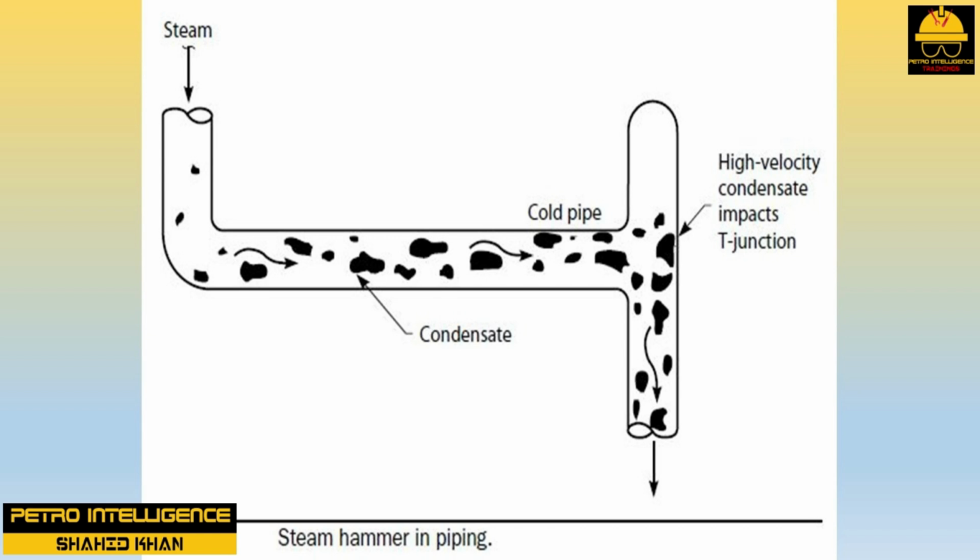The slugs of water rush to these areas of low pressure. Or, more precisely, the pressure differences created by the localized condensation of the steam provide a source of energy to accelerate water in the steam system. When these rapidly moving slugs of water impact an elbow or T-junction, the vibrations and noise of steam hammer result.